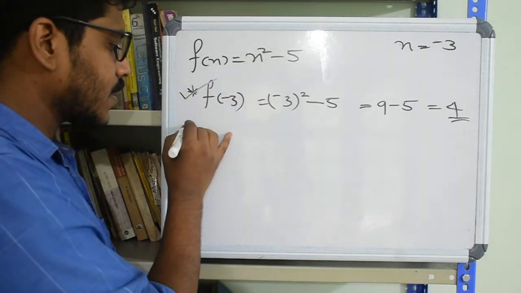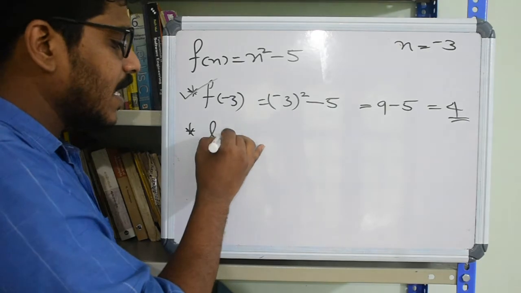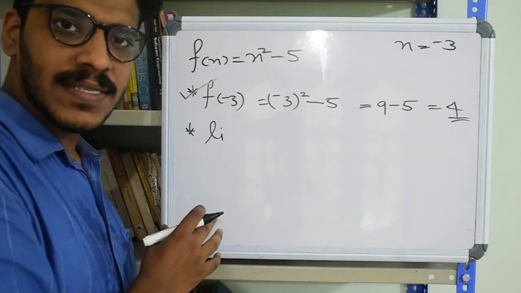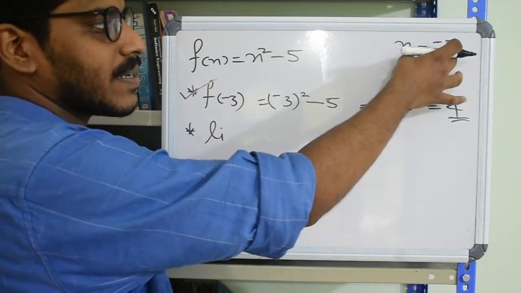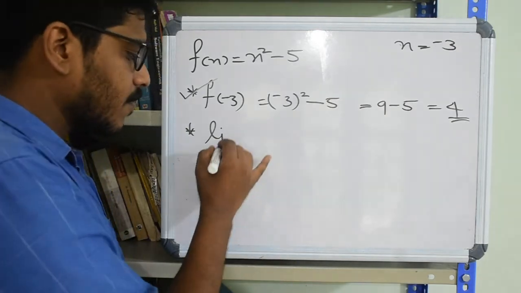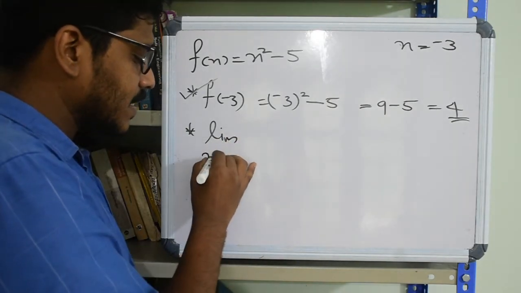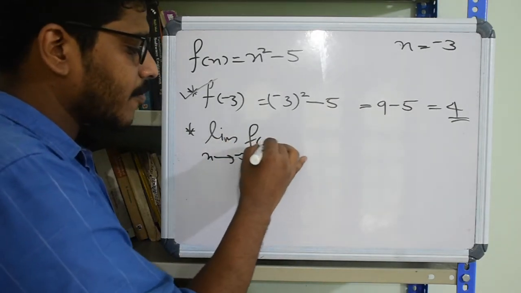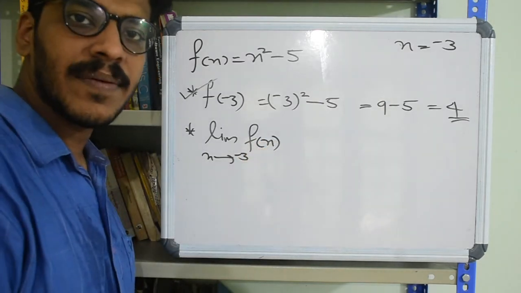Now the second part: the limit of f of x has to exist at x equal to minus 3. In other words, limit x tends to minus 3 of f of x should exist as a real number.